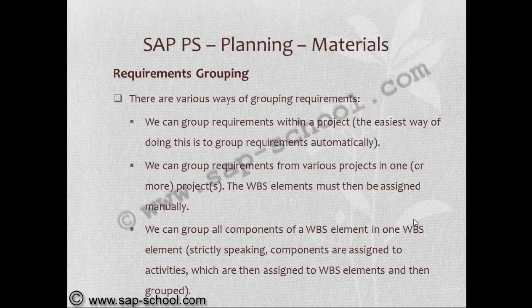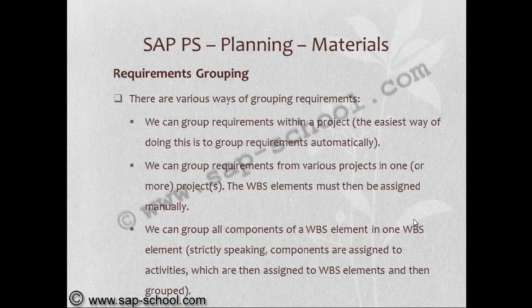There are various ways of grouping requirements. We can group requirements within a project. That is the easiest way, because this is under one project. We can group requirements from various projects in one or more projects. Here the WBS element must be assigned manually. We can group all components of a WBS in one WBS element.